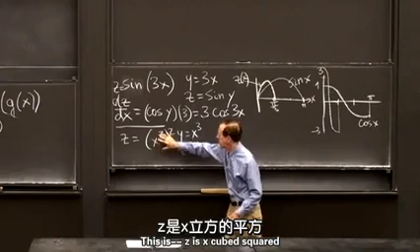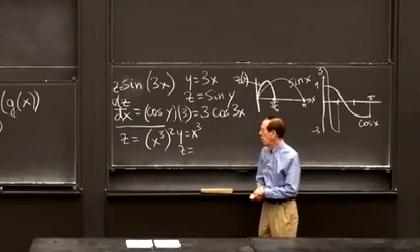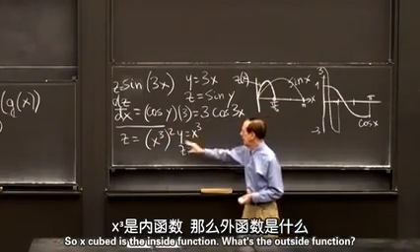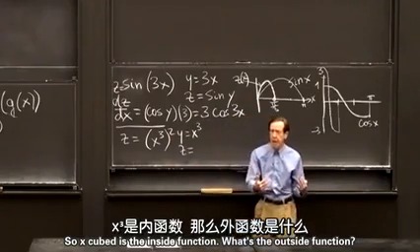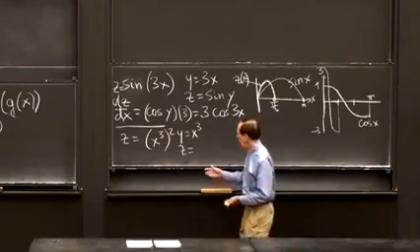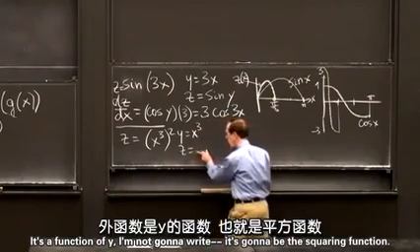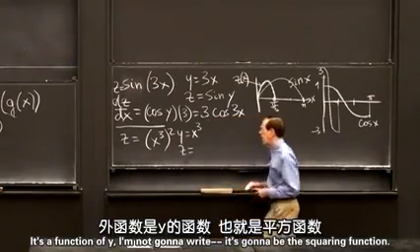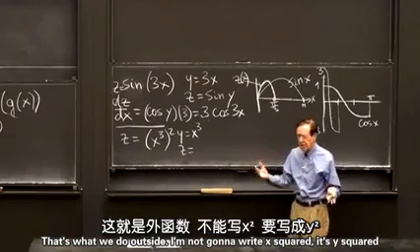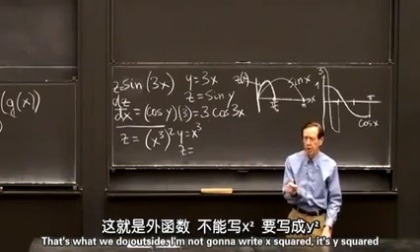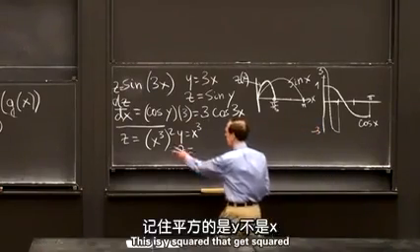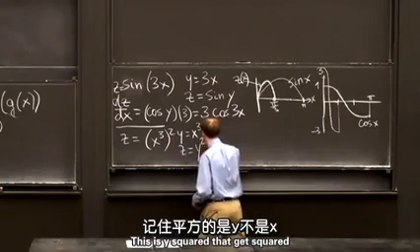Z is x cubed squared. So x cubed is the inside function. What's the outside function? It's a function of y. It's going to be the squaring function. That's what we do outside. I'm not going to write x squared. It's y squared. This is y. It's y squared that gets squared.